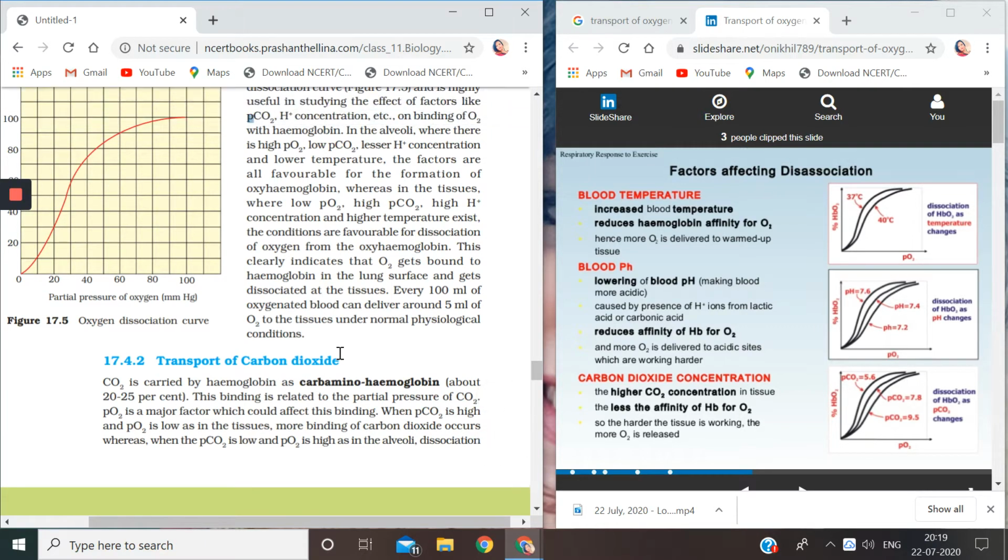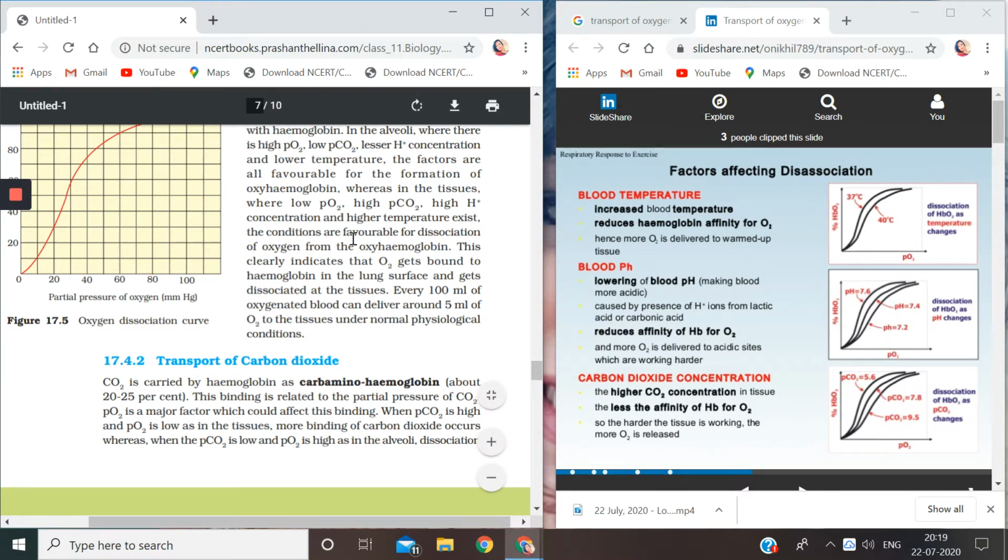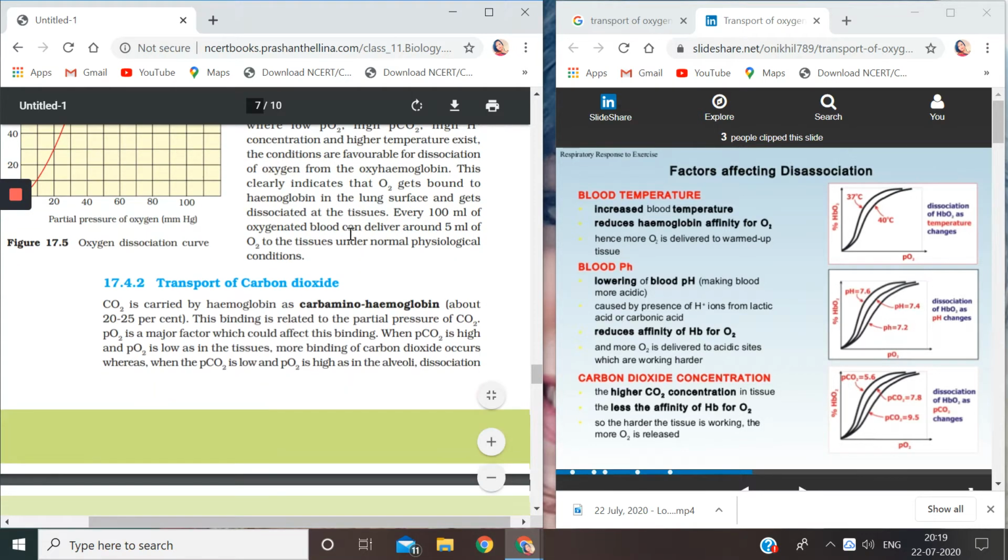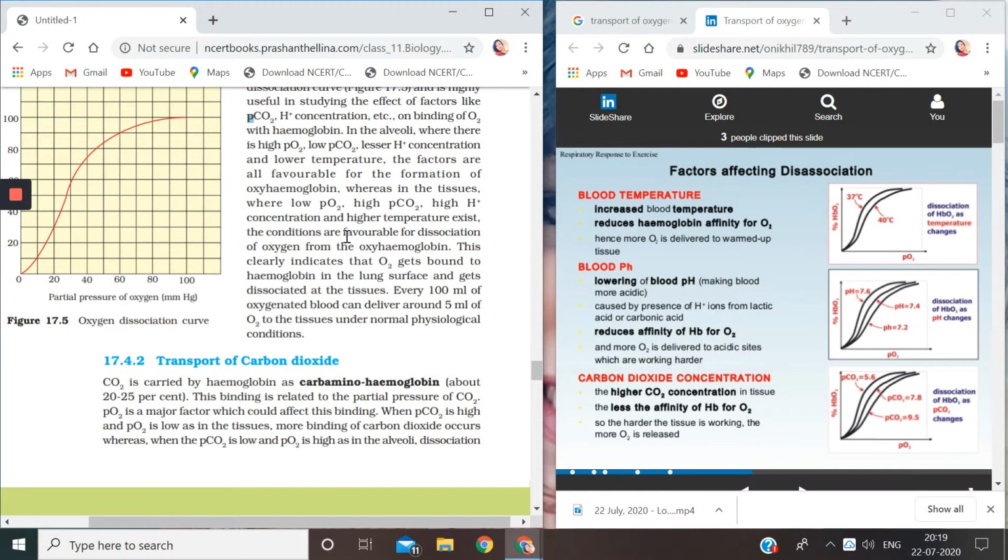As in the earlier part of the video, we have already discussed that there are a few factors which affect the dissociation of oxygen, and those factors were partial pressure of carbon dioxide, partial pressure of oxygen, and hydrogen ion concentration. Hydrogen ion concentration means the pH value, because the more the hydrogen ion concentration, the more the acidity.